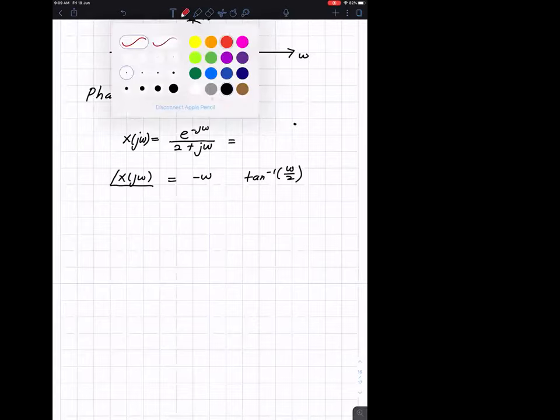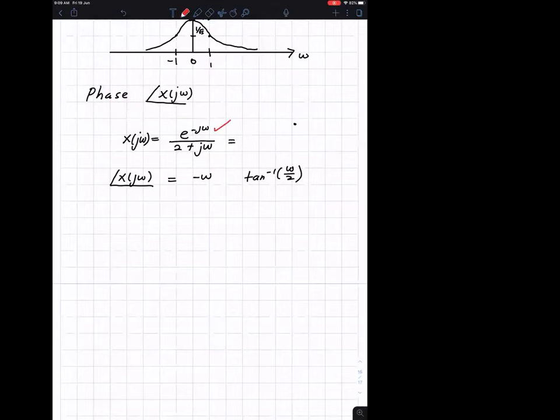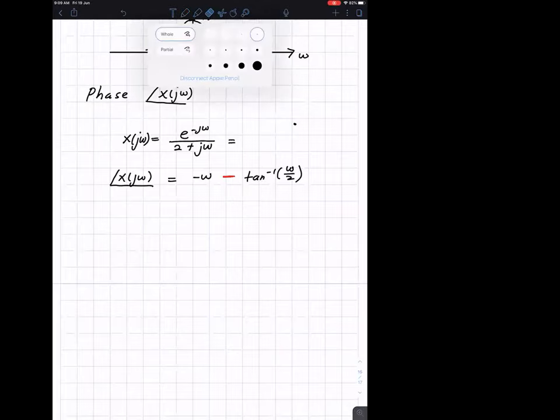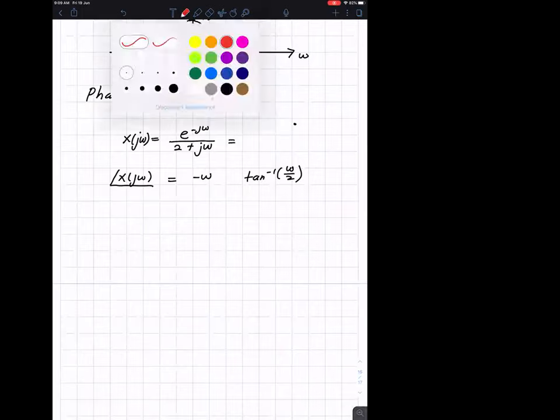Now, because this is in the numerator and this is the denominator, since in the denominator you have to subtract, so you put a minus sign there. Division, so when you convert them to phase, division becomes subtraction.